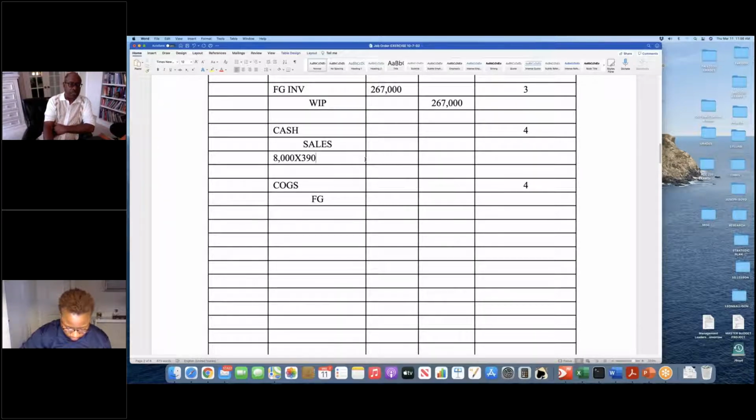If you estimate your cost too high, then your selling price is going to be too high and uncompetitive. So you can't just be off with your selling price and get the money. Somebody's going to undercut you. So you do have to get the numbers correct. So what's 8,000 times 390? 3,120,000.